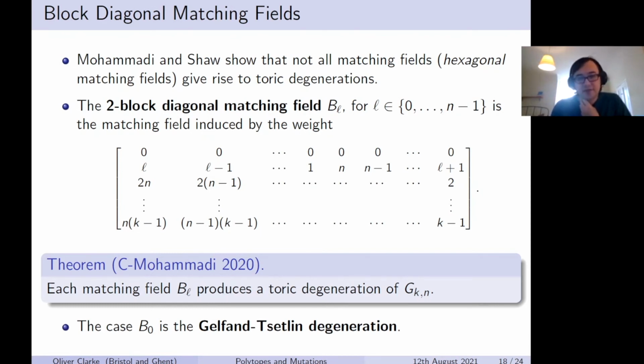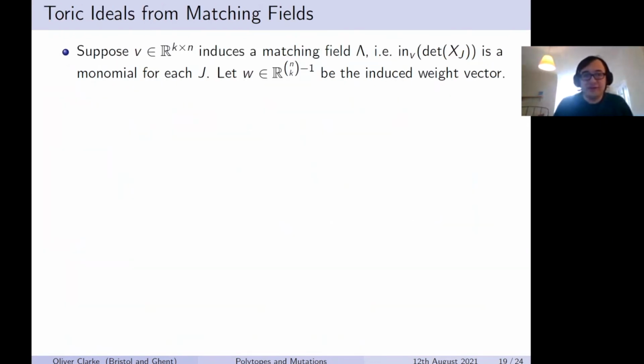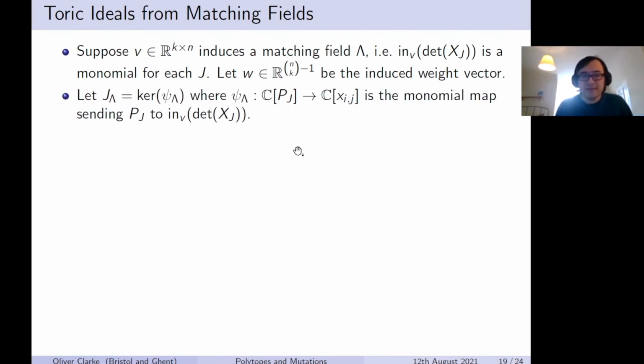Okay, so now that we have a family of matching fields that give us toric degenerations, how do you extract, say, the toric variety? What's a nice way of seeing that from the matching field? Well, if I have a weight vector V, which induces a matching field, then I can write down this monomial map here.